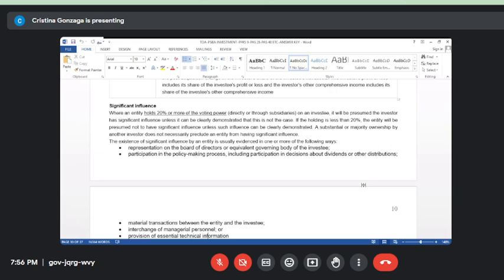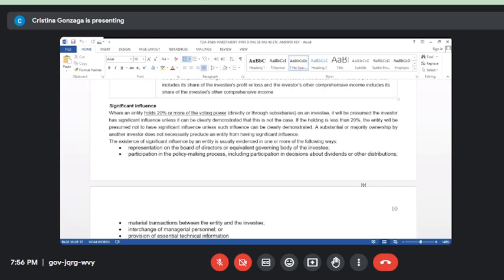So it's an indication that there is significant influence. Representation on the board of directors or equivalent governing body of the investee. Or sabihin natin, the investor is a participant in the policy making process.